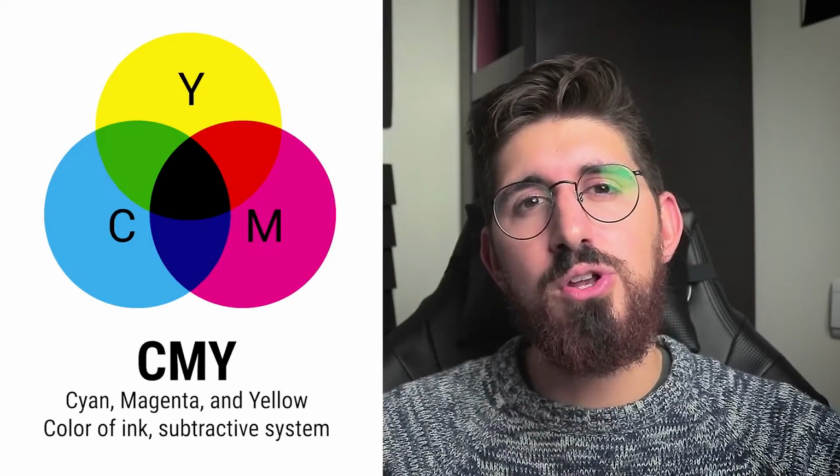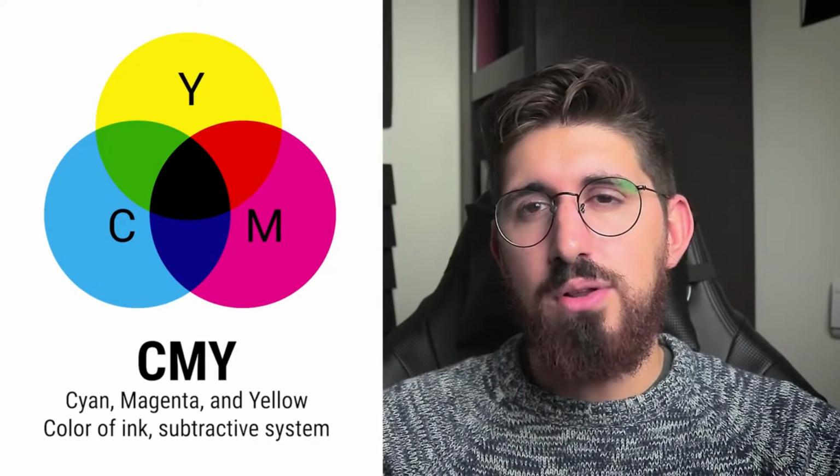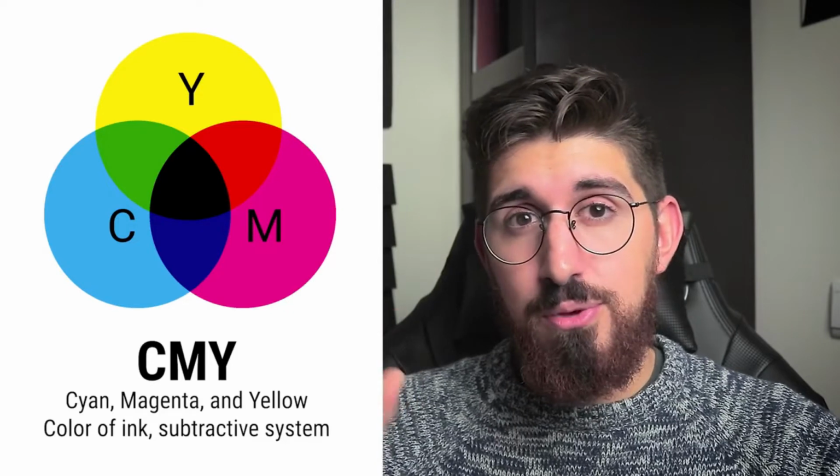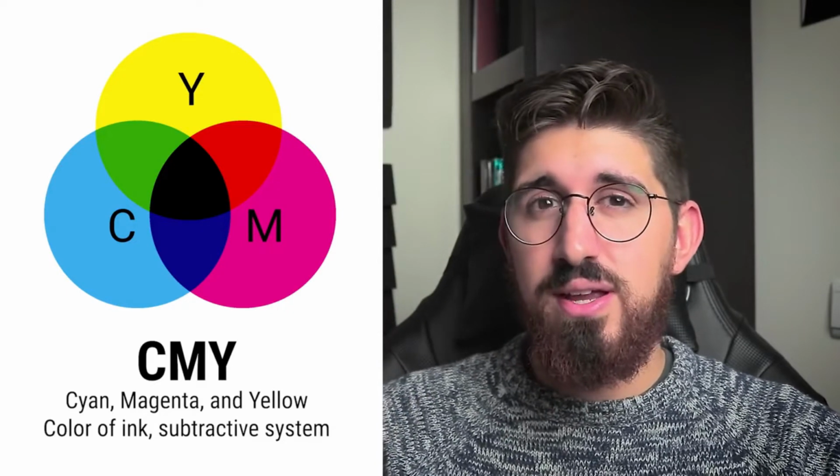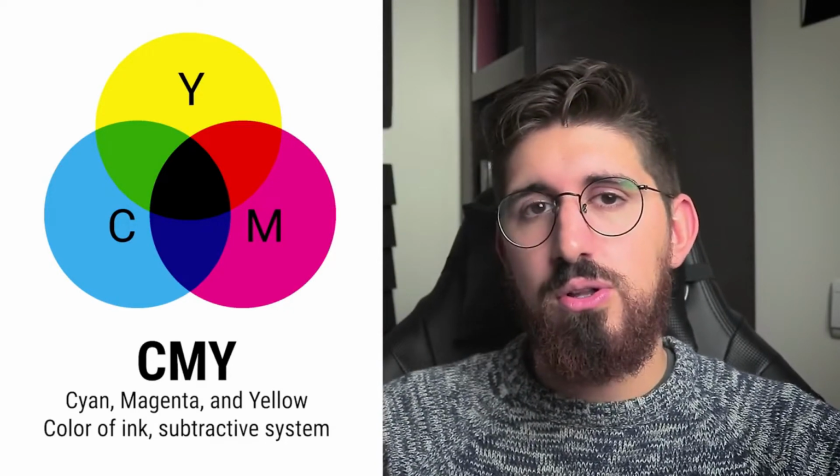Yellow is the only correct color in the RYB model. And by mixing these three colors of ink, you can create almost every color you can see in the world. You may be thinking, okay, I know CMYK, but where did the K go?